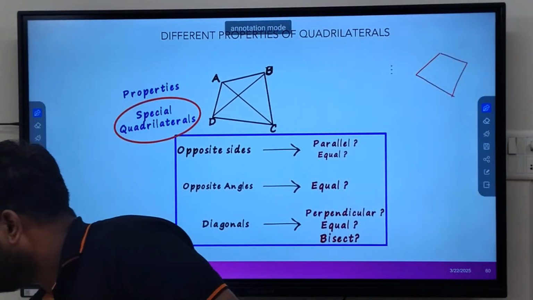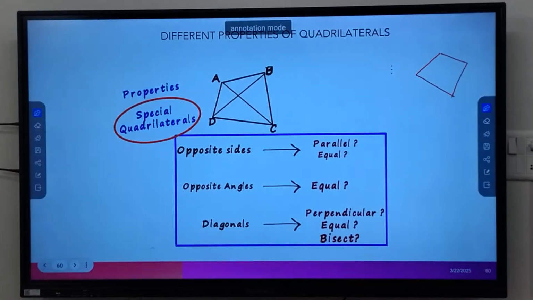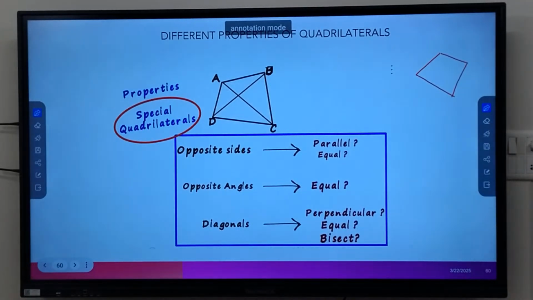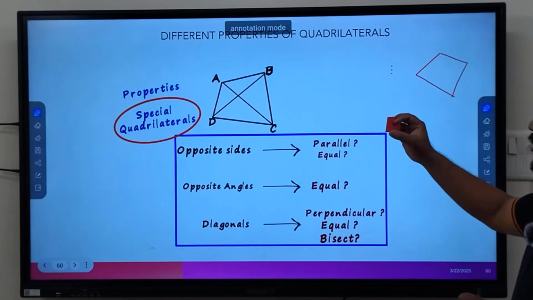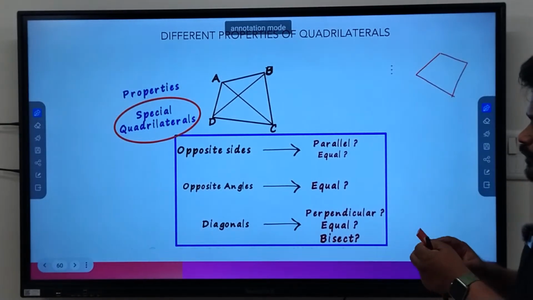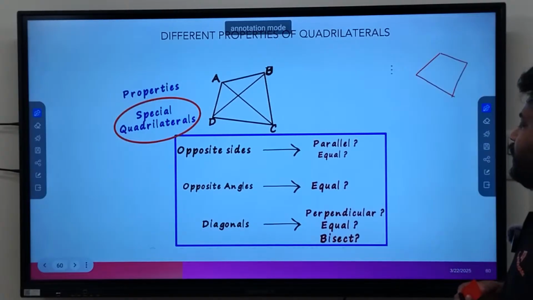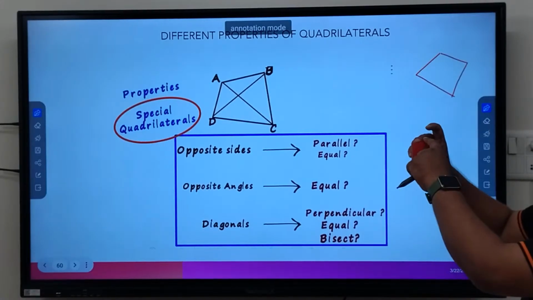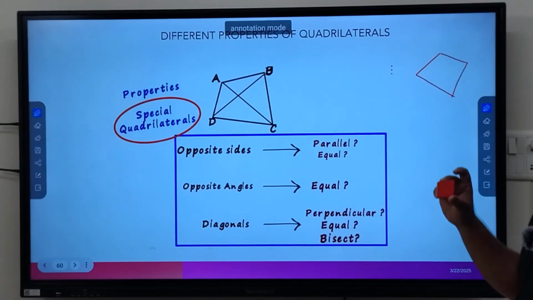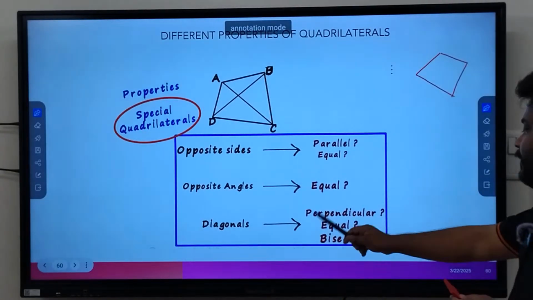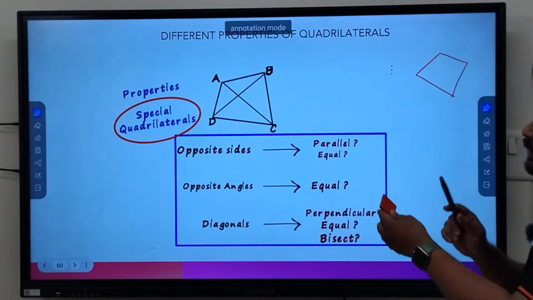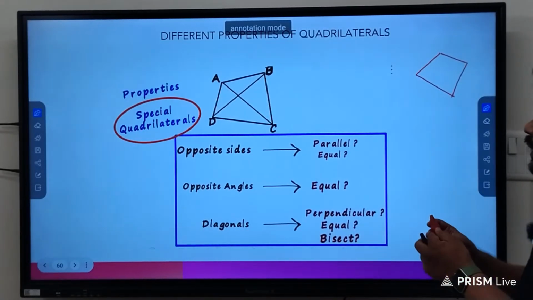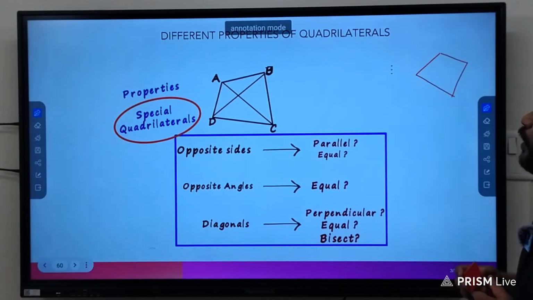Just like if I give you this one, what properties or conditions does it have? Are the opposite sides parallel or equal? Yes, opposite sides are parallel as well as equal. And diagonals, are the diagonals perpendicular? Yes, obviously, if I draw diagonals they will be perpendicular to each other. Are they equal or do they bisect? Yes, they bisect, but they are not equal. Are opposite angles equal? Opposite angles may not be equal.